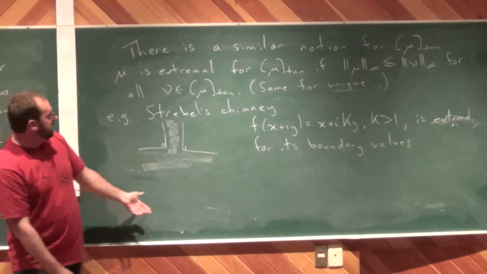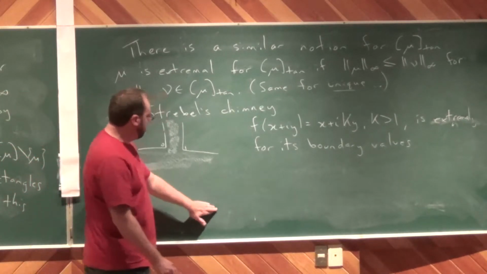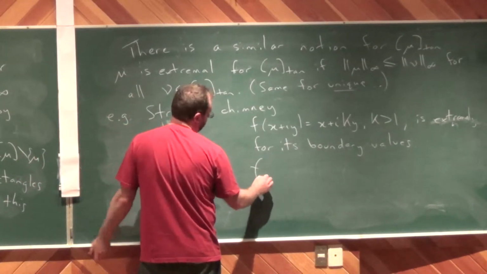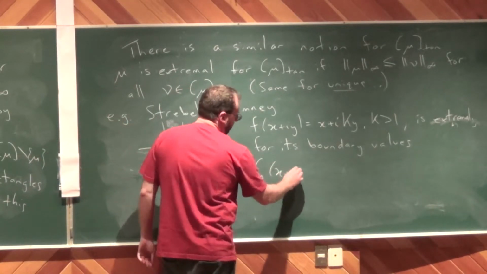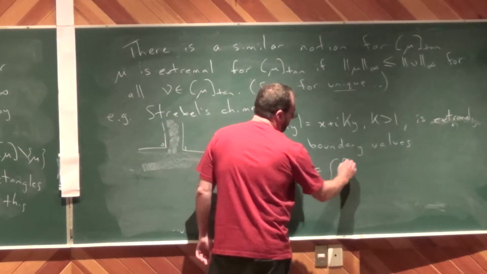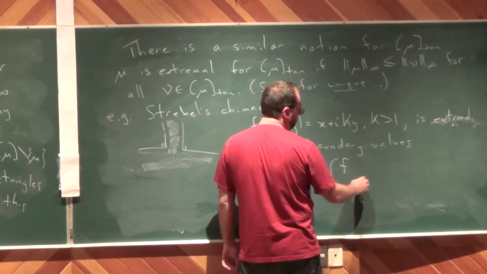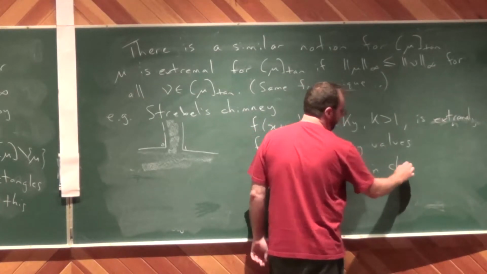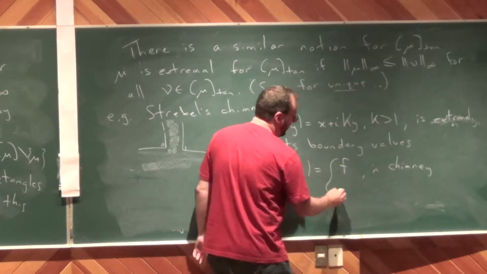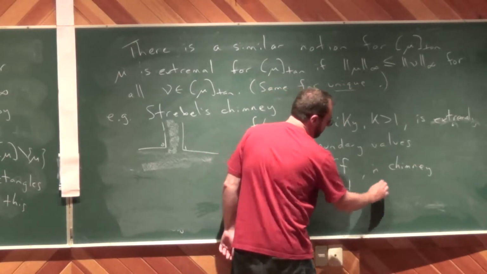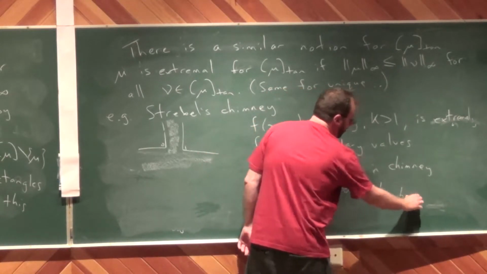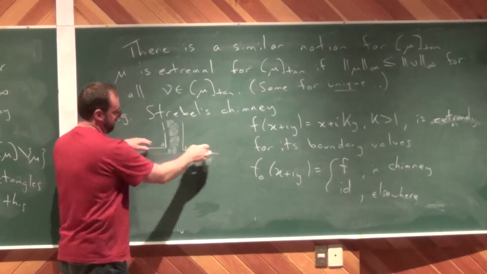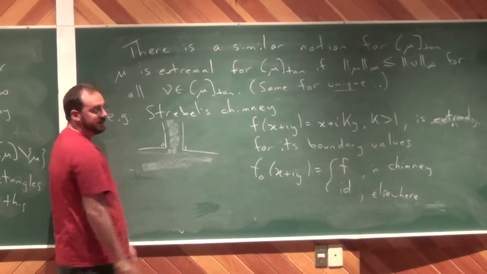But okay, you can replace f with something which also has the same distortion. Let's call it f0, which agrees with f in the chimney, and is the identity elsewhere. Well, f restricted to the real axis intersecting the boundary is just the identity.